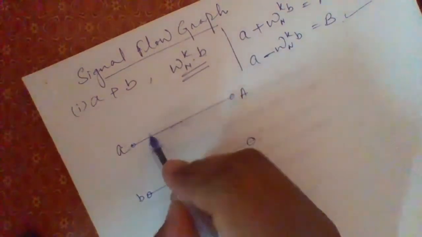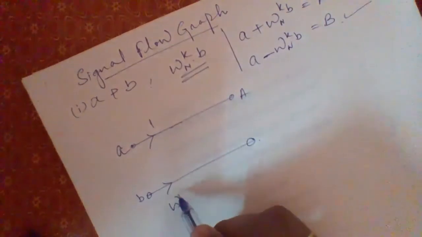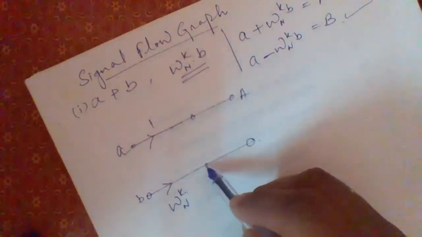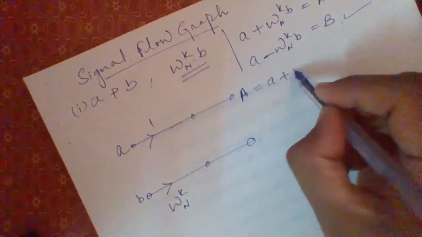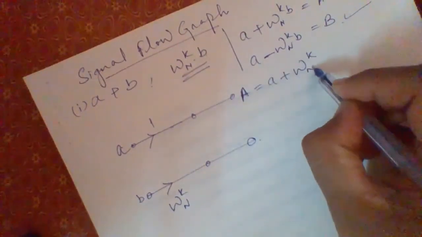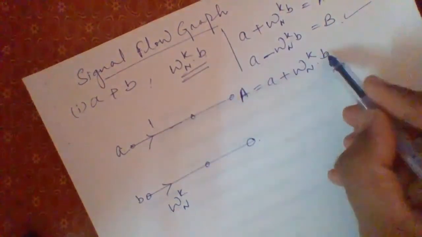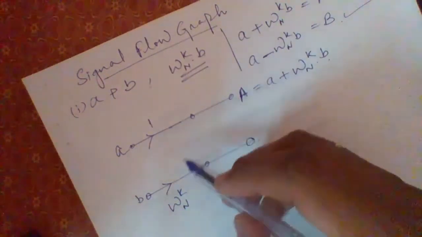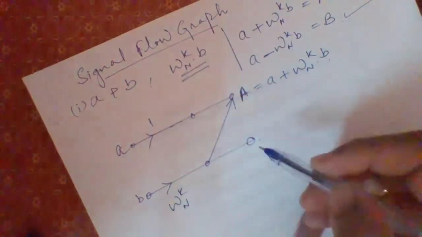Now the twiddle factors are represented on the branches like this. And here, in order to generate A, what is A? A is nothing but A plus W raised to K suffix N into B. So it represents the addition between A and this particular product. So here we will join this branch to the A point.